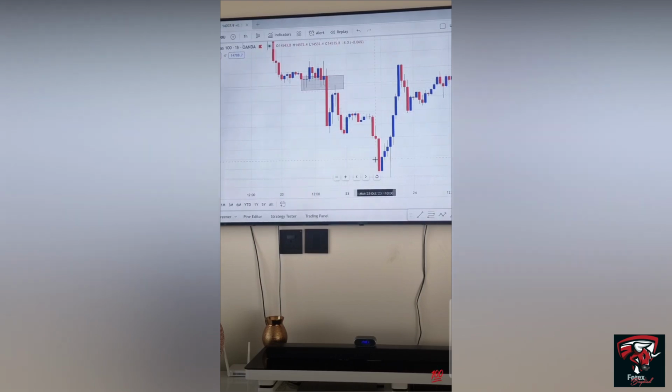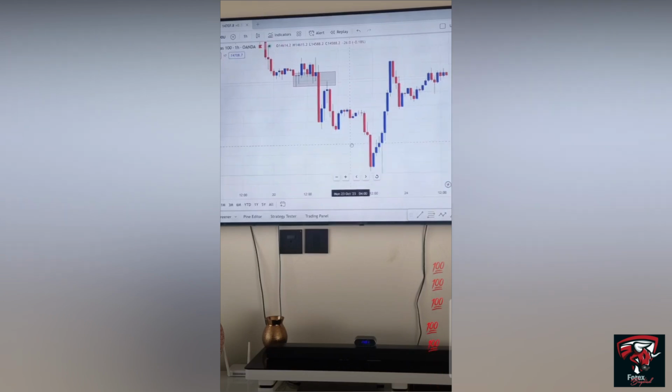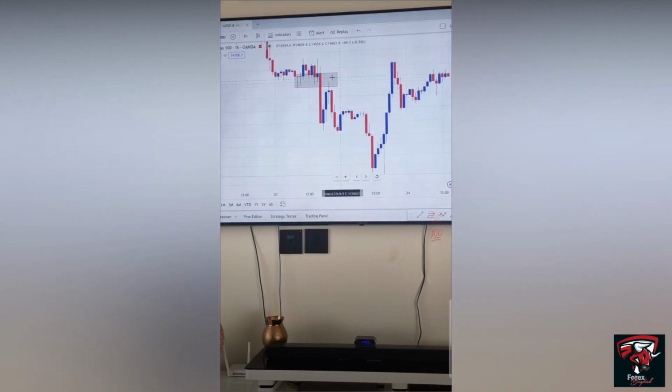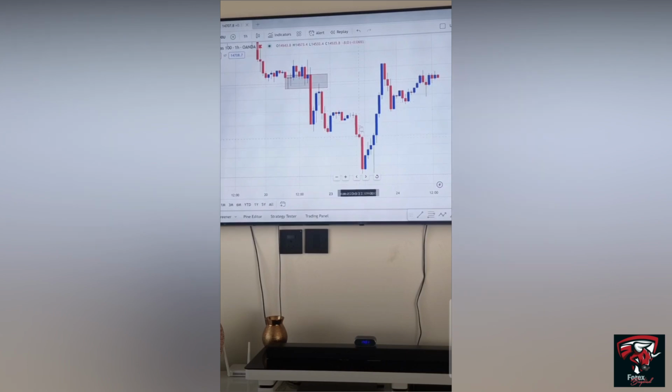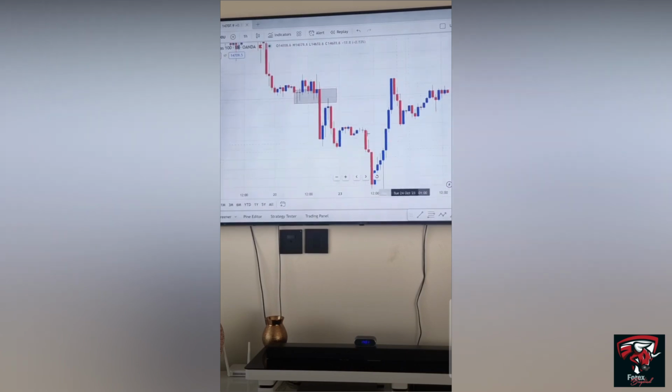Supply pushed price lower, right? Why? Because supply was obviously stronger and demand started to play a part at the bottom, which is good. However, though, we also have this gap in the market. There's also this gap it's coming into. All right.